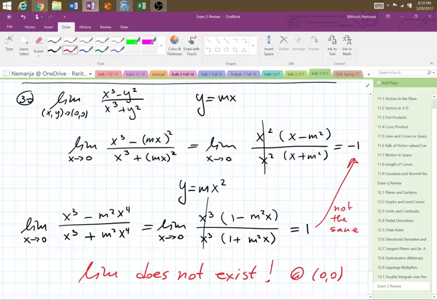So yeah, that's the two-approach theorem. The arrow will suffice. Make it a nice arrow.